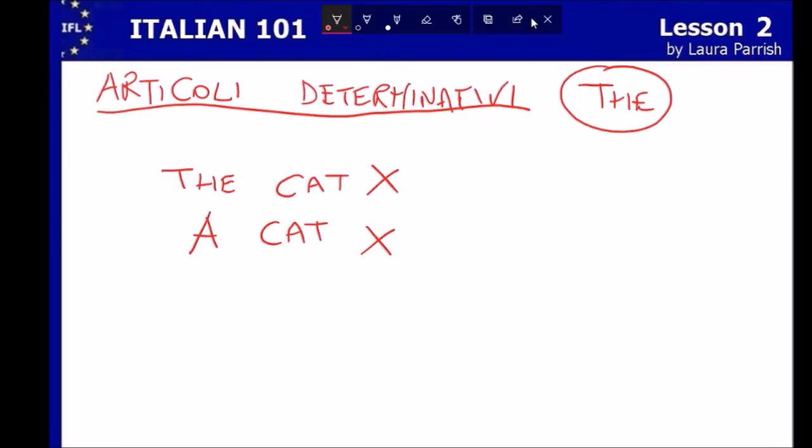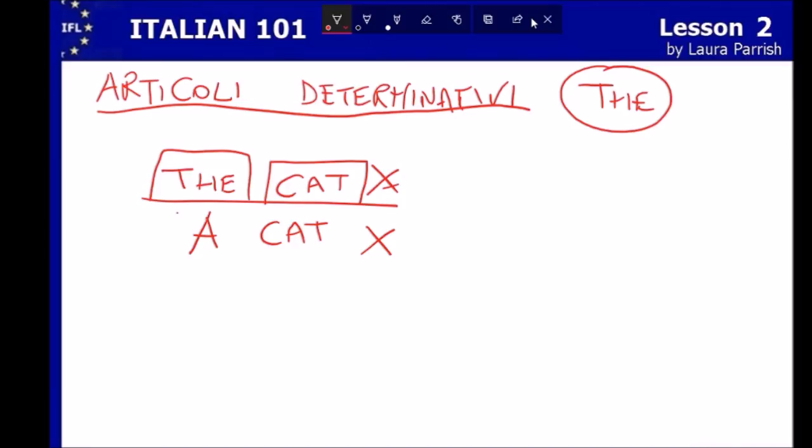The difference is that this one determinates the object. So if I tell you, I want that cat, it means that I want exactly that cat. I don't want another one. There is only one cat in the world that I want, because this article called determinative makes it determinate.